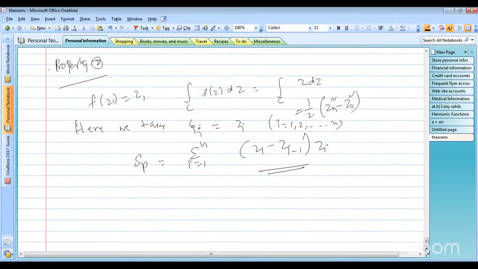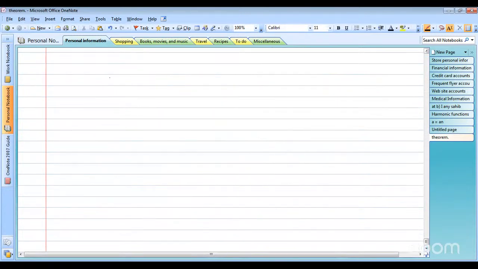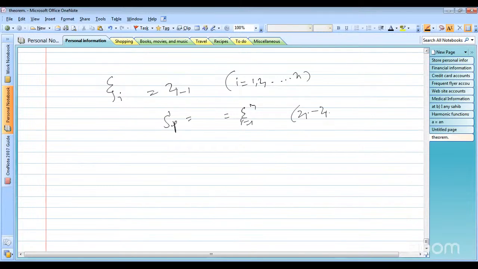Similarly we are taking ζ_i as z_i, with i = 1, 2, and so on to n. As I told, p is the partial sum, so S'_p is the summation of i = 1 to n, and that is called S'_p.